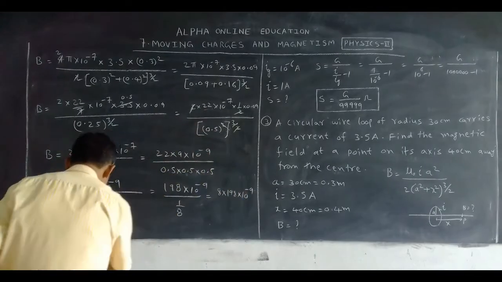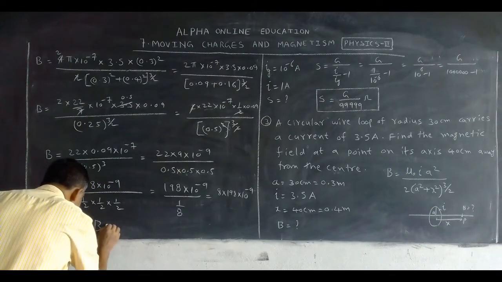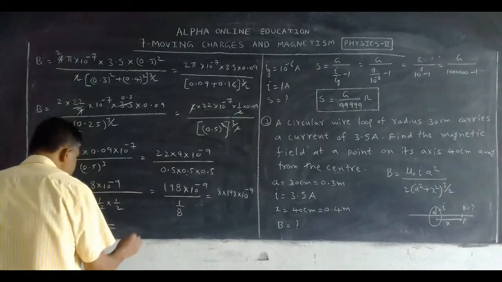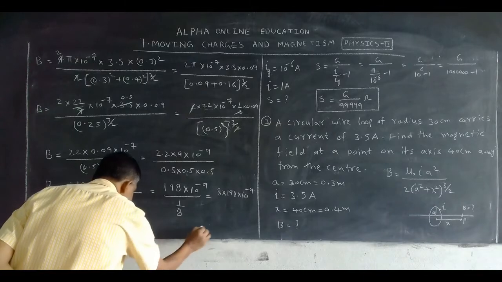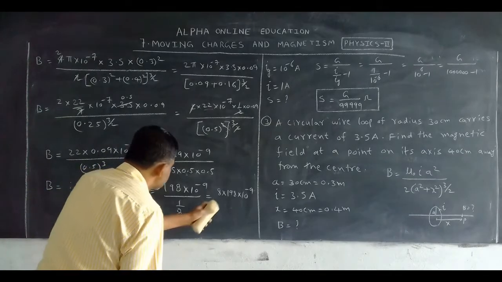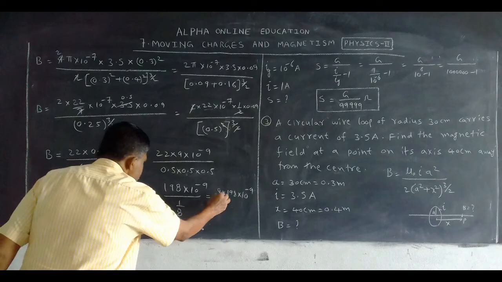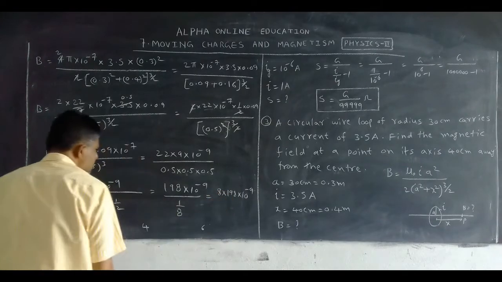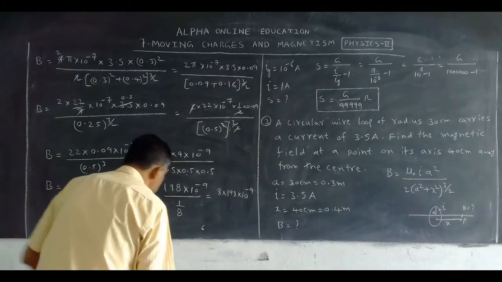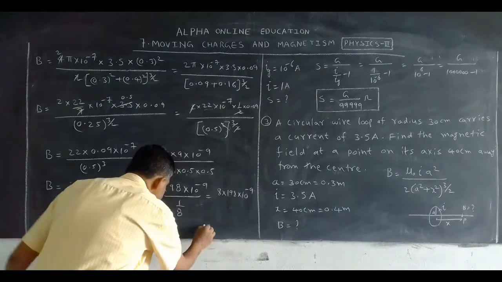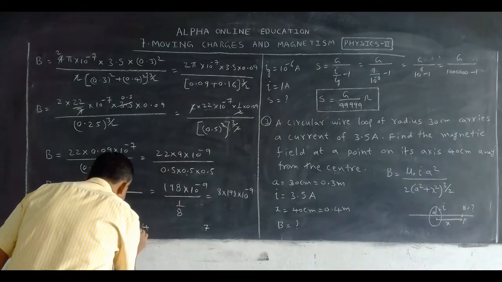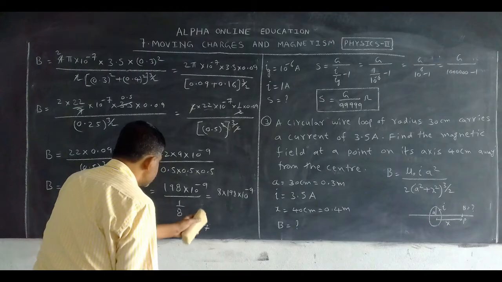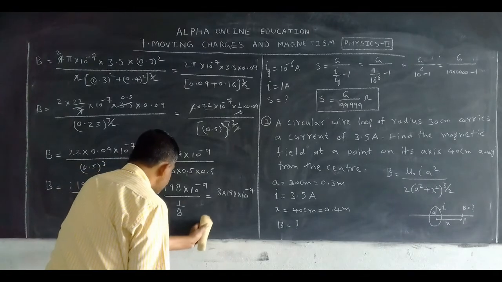Now we want to multiply them. How much can we get? 8 8s are 64. Next 8 9s are 72 plus 6, 78. 8 1s are 8, 15.